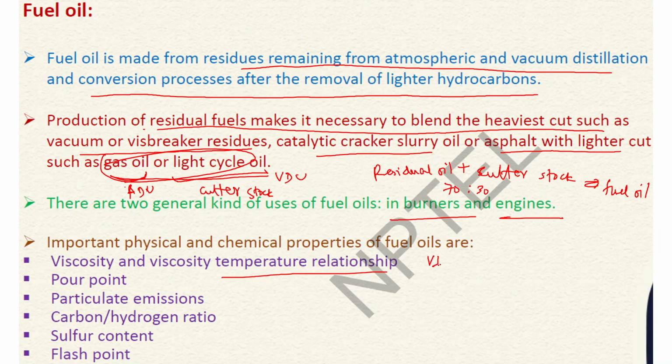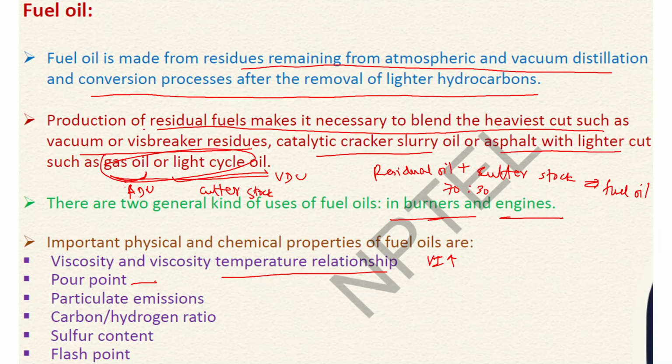That is, the viscosity index should be high. As it is a heavier residue, it is more viscous compared to the lighter cuts. And if it is used in engines and in burners, it should have a high viscosity index. That is, with change in temperature, the viscosity should not show much change in its flow properties.